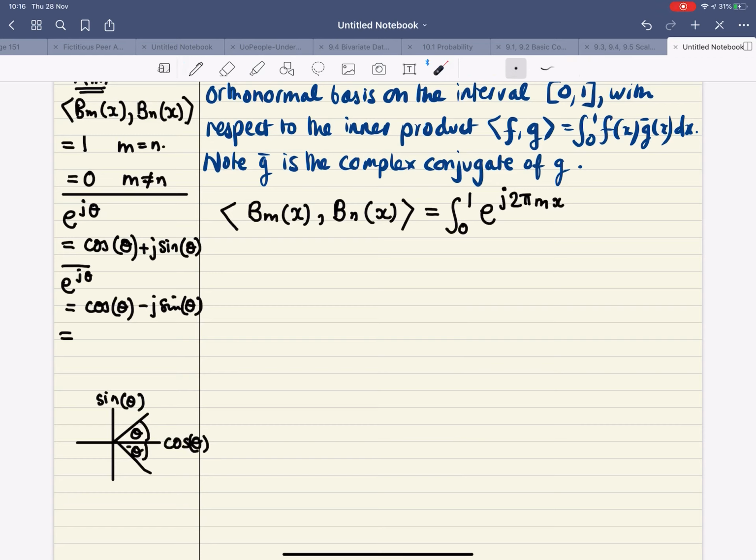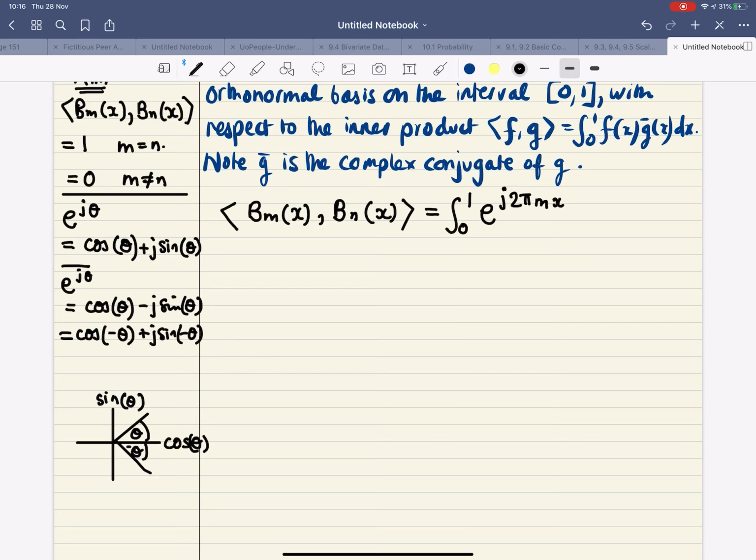So cos of minus theta is actually the same as cos of theta because it's this distance here. And then sine of minus theta is minus sine of theta because it's in the opposite direction. So this is going to be cos of minus theta plus j sine of minus theta.